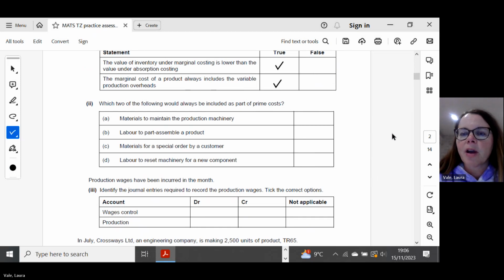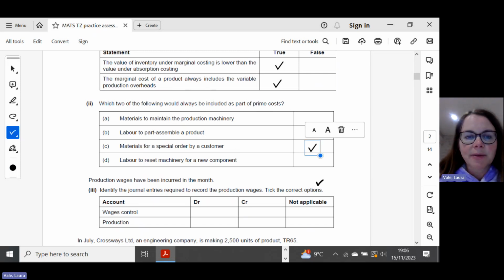Which two of the following would always be included as part of prime cost? So prime cost is the materials, the raw materials. So materials to maintain production machinery, well, they're not raw materials. Materials for a special order by a customer, yes.